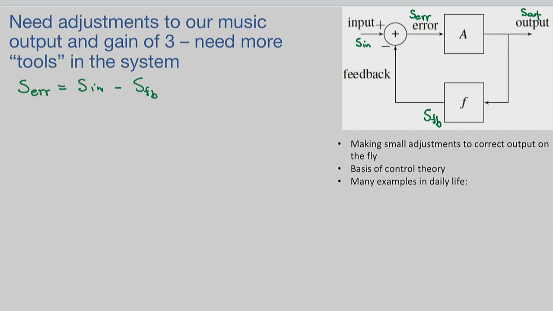Signal in minus signal feedback. Then I just looked at what's coming into this block. Well, what's coming out of this block? The signal in and minus the signal feedback, because we are feeding in the minus terminal. What's signal out according to this block diagram?